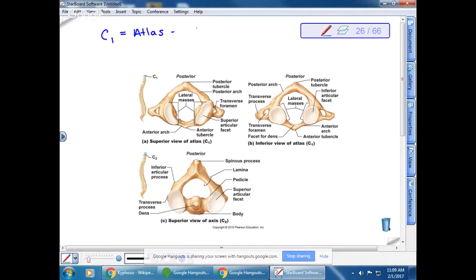So we would say that the superior facets articulate with the occipital condyles of the occipital bone.